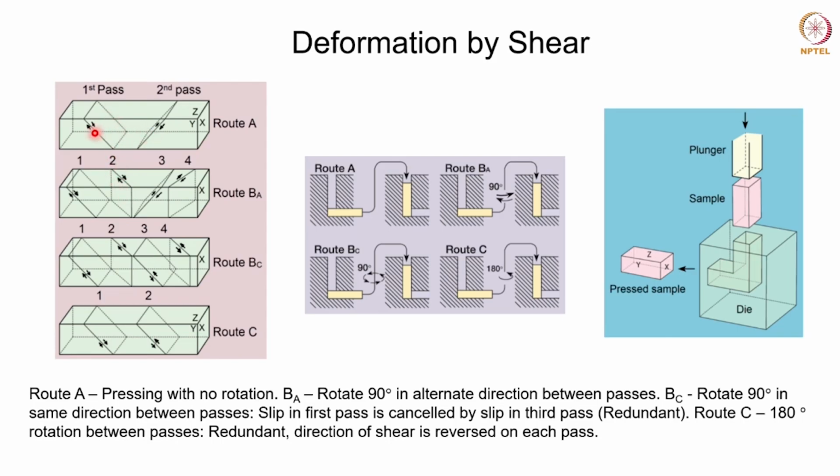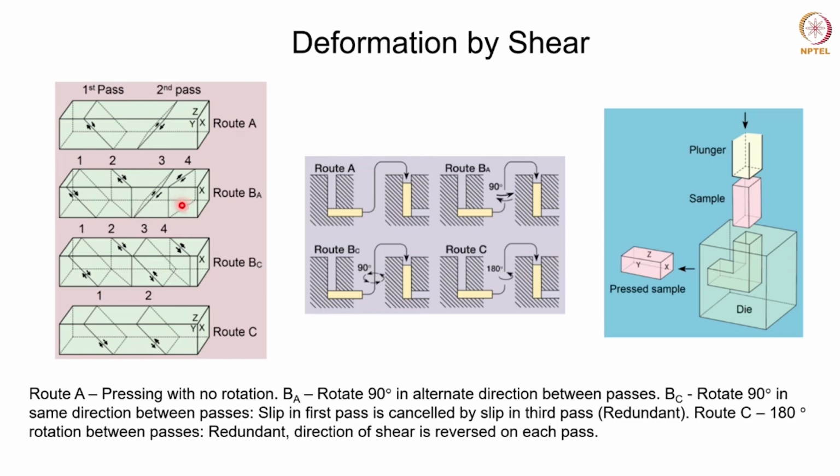In route A, as I said, there is no rotation at all. So you can see how a particular element inside this billet will be deformed as the number of passes is increased. Then in route B, it is rotation in alternate directions between passes. This is the first pass, and then it is rotated 90 degrees in the next pass, and again 90 degrees in the opposite direction, and so on.